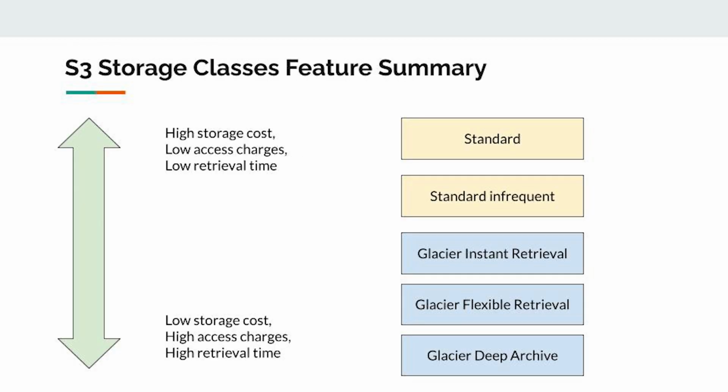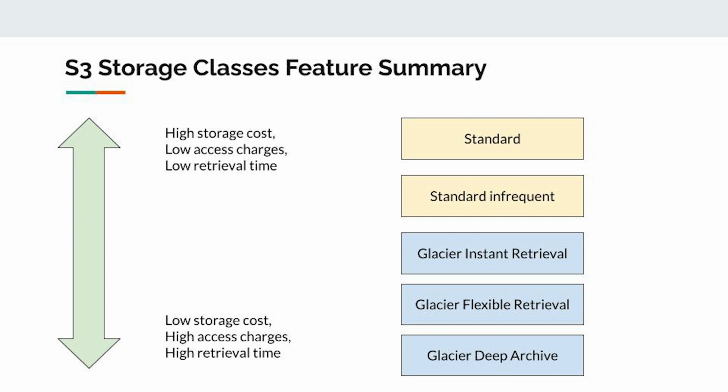Now let's take a look at S3 storage classes feature summary. We are going to order the classes. Let's say at the top there are classes with high storage cost, low access charges, low retrieval time. At the bottom there are classes with low storage cost, high access charges, high retrieval time.